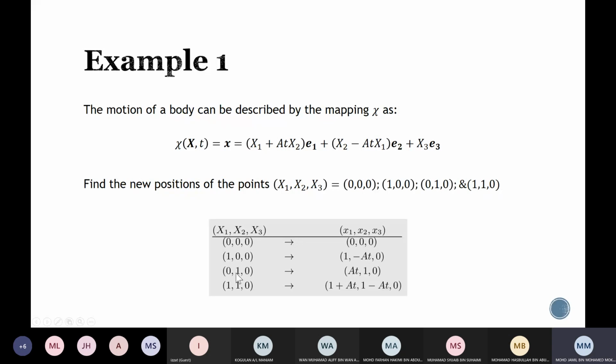Then point 0, 1, 0 becomes 80, 1, 0, so it changes along the x-axis. And lastly, 1, 1, 0 becomes 1 plus 80, 1 minus 80, and 0. So the location changes. As simple as that: if you are given initial points and you want to find the new configuration point locations, just substitute into the mapping.